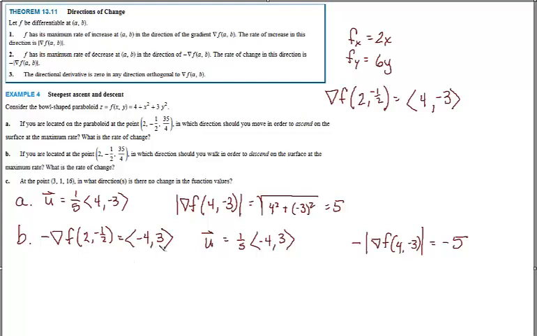The negative of that gradient just changes the direction of the i and j components, and same with the unit vector, and that slope will then just be a negative value, and that would be the maximum rate of decrease at that point in the direction of that gradient.